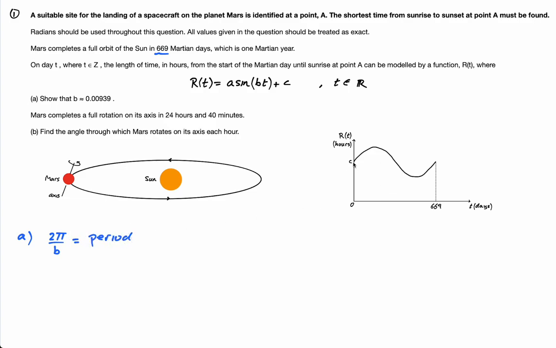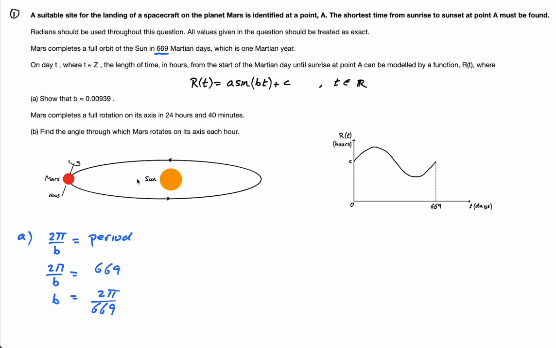Now the period of this graph is 669 because that is 1 year, and then it'll just recycle. So 2 pi over B is equal to 669. Hence B is equal to 2 pi over 669.